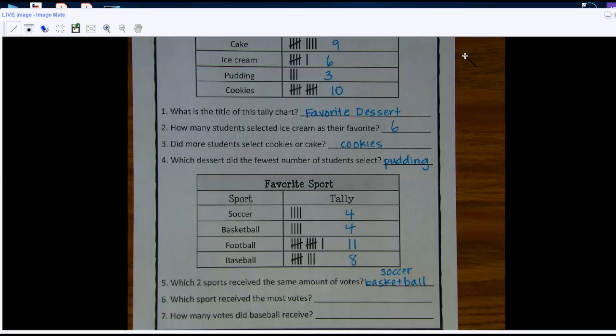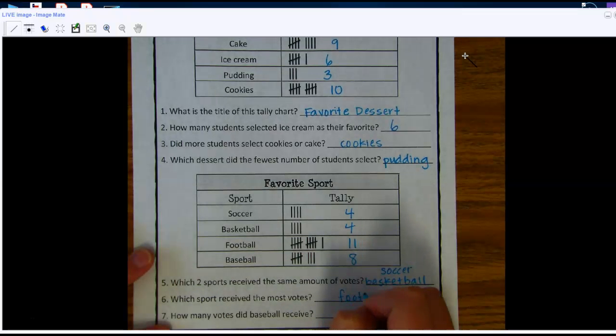Okay, on number 6, which sport received the most votes? Write the name of the sport that had the most votes. Which one had the most? What's that answer, Emma? Football. Yeah, football.